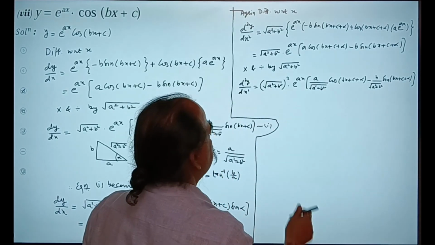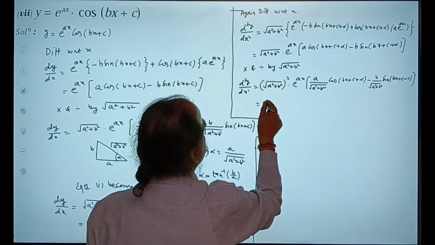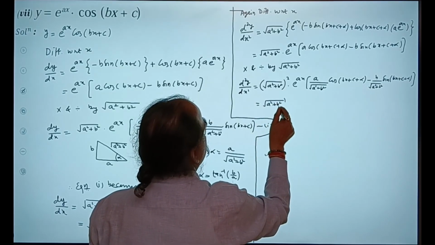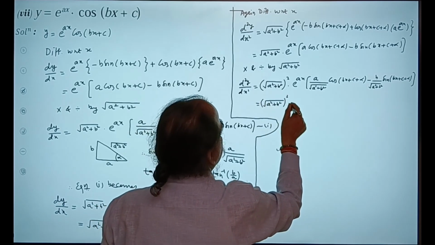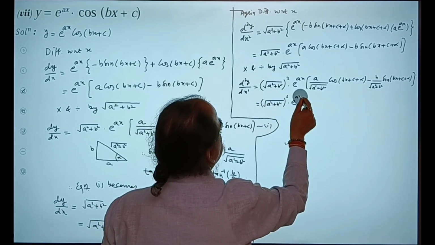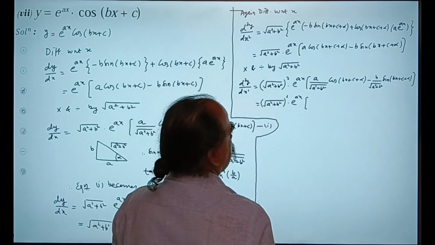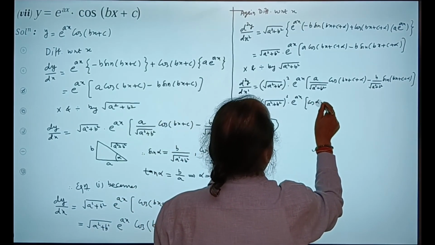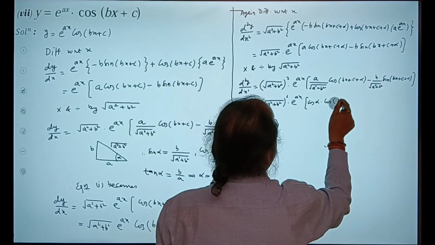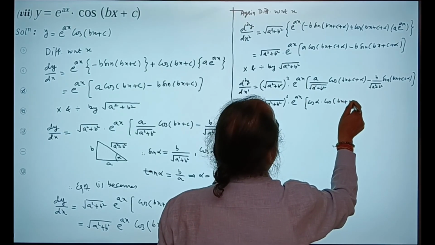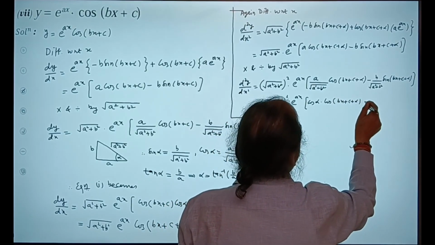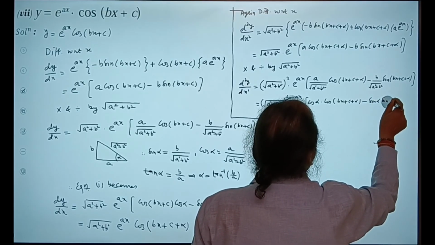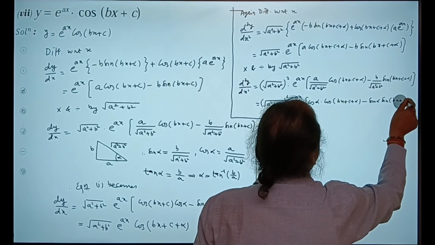So this is cos alpha, square e raised to x, cos alpha into cos(bx plus c plus alpha) minus sin alpha into sin(bx plus c plus alpha).